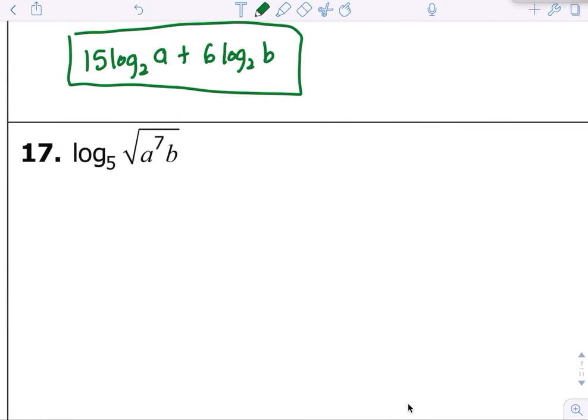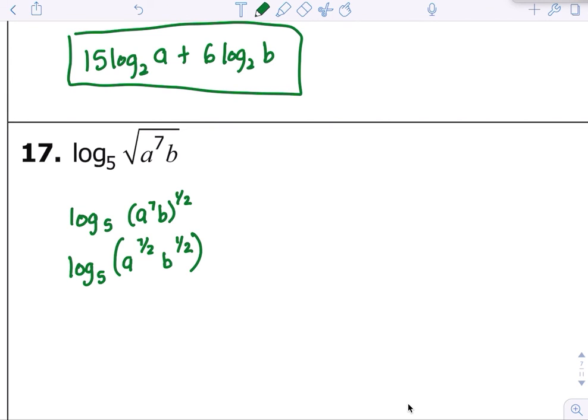Alright, this one. We have the square root, so that's going to be a 1/2 power, so log base 5 of a to the 7, b to the 1/2. And now let's distribute that, so log base 5 of a to the 7/2 and b to the 1/2.